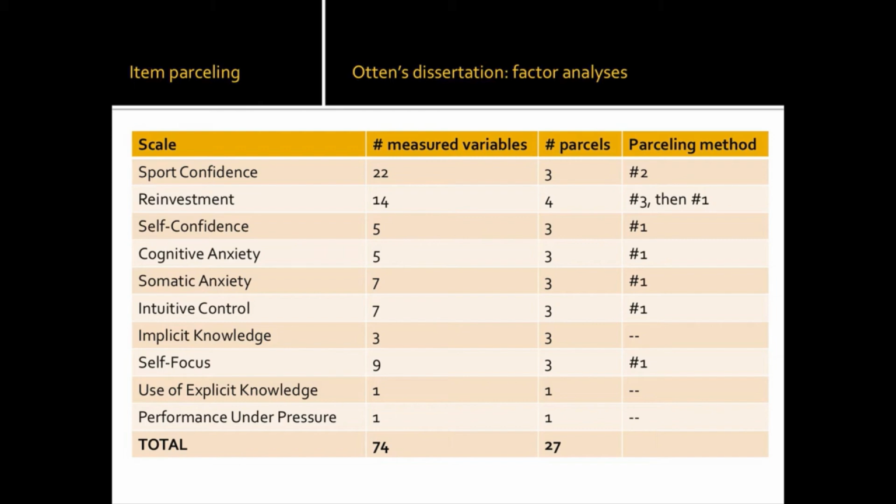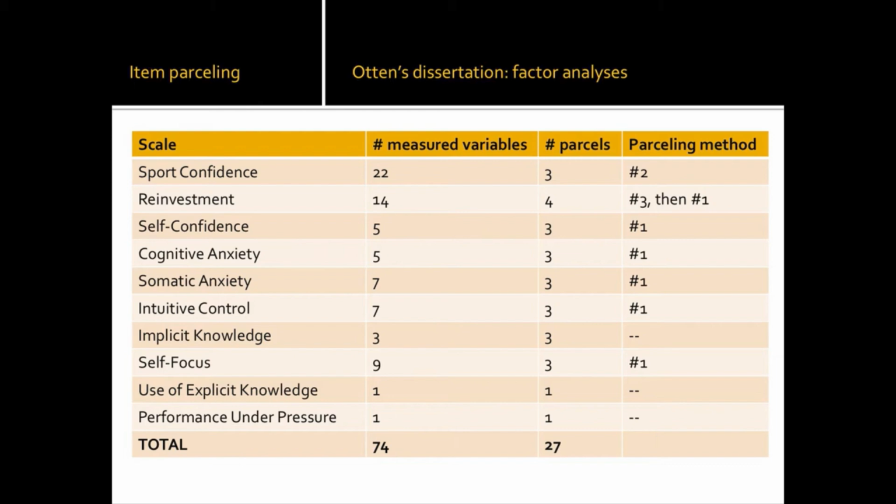That's why it says number 3, then number 1. I used method 3 to split into 2 parcels, and then I used random assignment to split those 2 each in half. So I ended up with 4 parcels there for reinvestment. Everything else was random. Number 1, randomly splitting up my items.